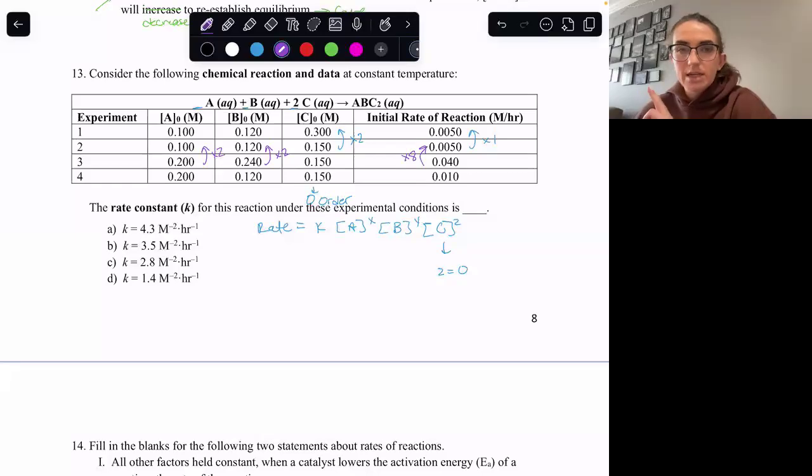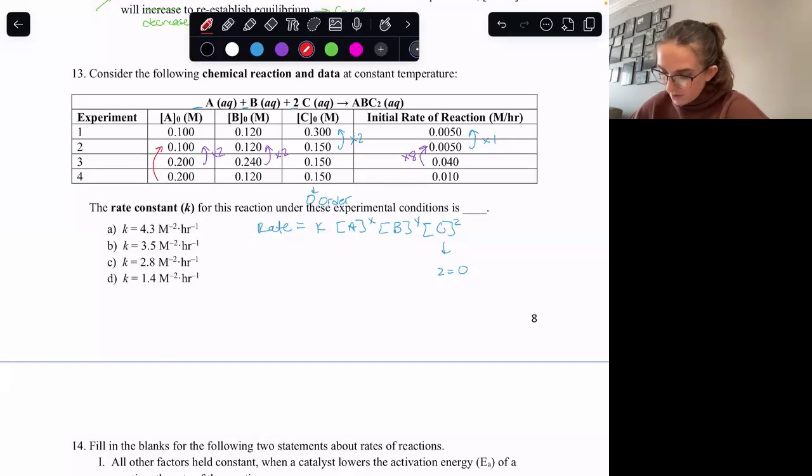So 2 and 3 is not going to be our best option for comparing experiments because we have two reactants that are changing. We want to look for experiments where only one reactant is changing and the other is being held constant. So if we're going to look at A, maybe a better combination would be 4 to 2.